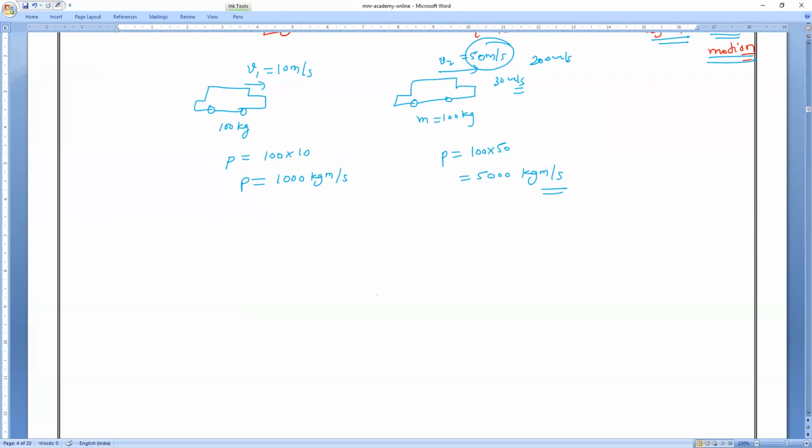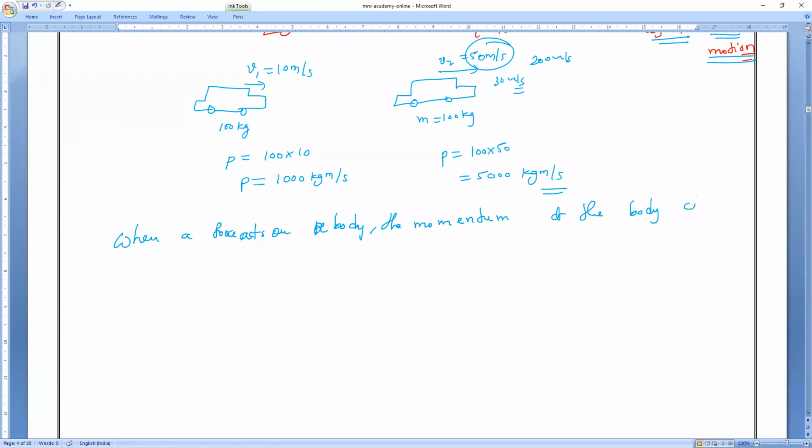Okay, so all of you write it. When a force acts on a body, the momentum of the body changes.